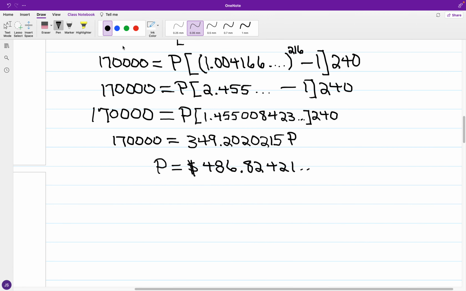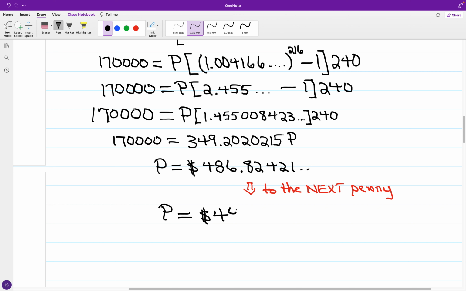Nearest penny we have 82 cents, but we have to round to the next penny. If you had the nearest, we still have 82 cents, but we want to guarantee at least $170,000 at the end.